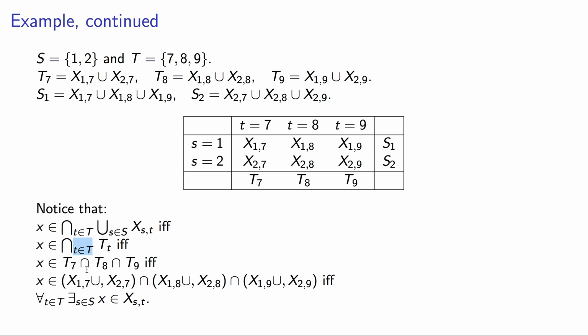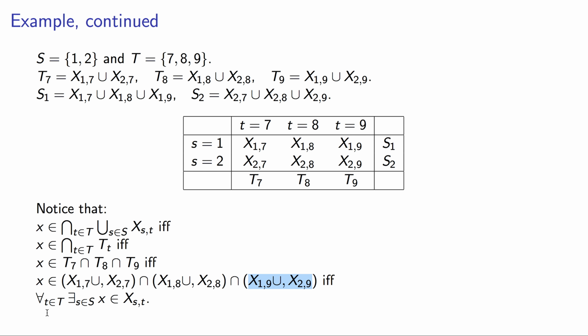And this means we are dealing with the intersection of T7, T8 and T9. And then expanding what T7 is, we write this. T8 expands this way, T9 expands this way.